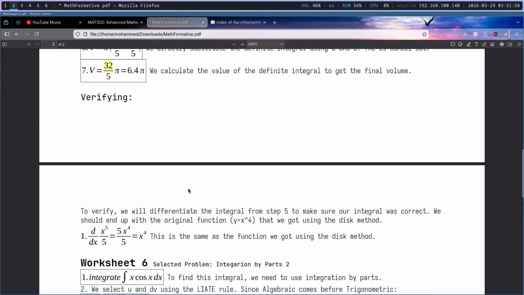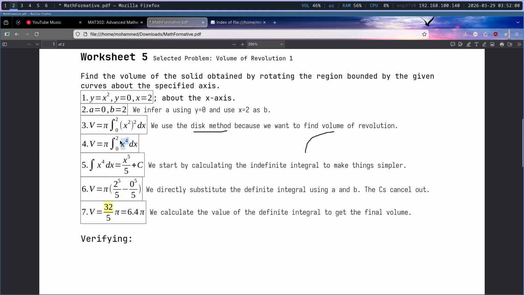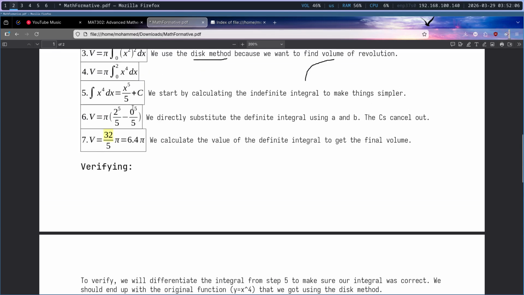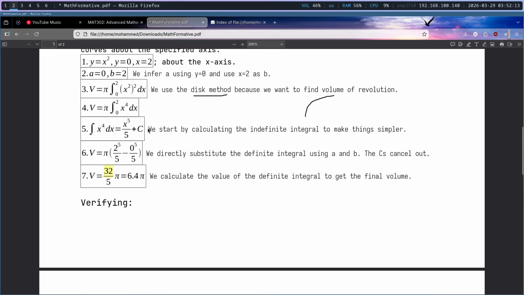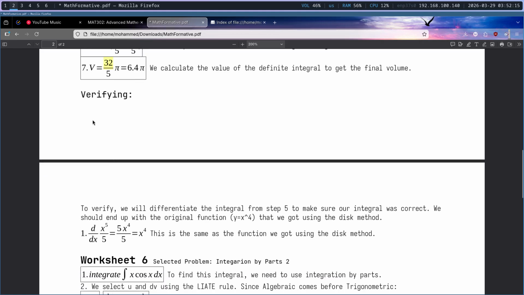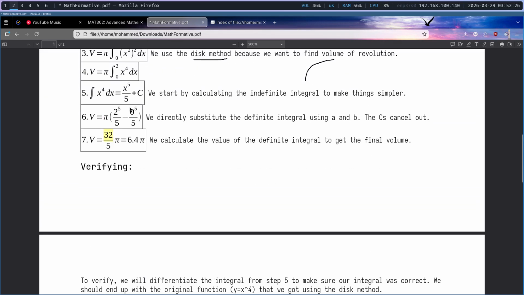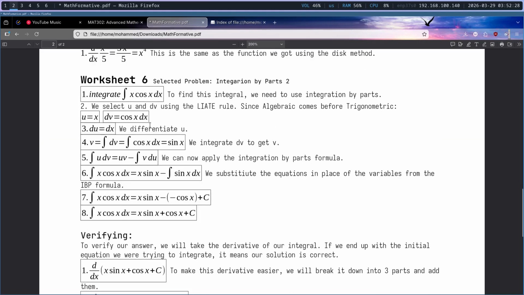If it matches the initial function that we were trying to integrate, which is x to the 4, then we know our integration was correct, and we're just relying on a calculator for the rest, so it's hard to make any errors in this. We can see that x to the 5 over 5, when differentiated, becomes 5x to the 4 over 5, which is just x to the 4, same as what we had initially.